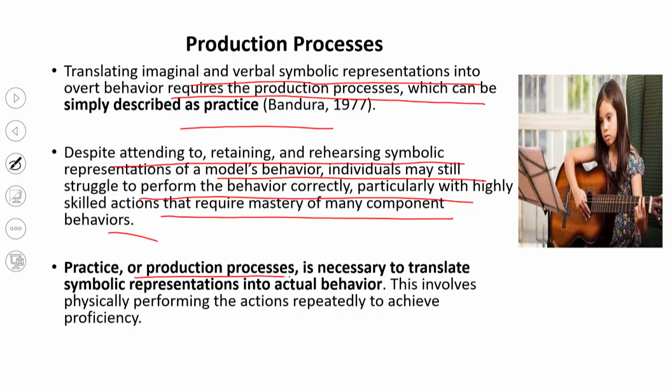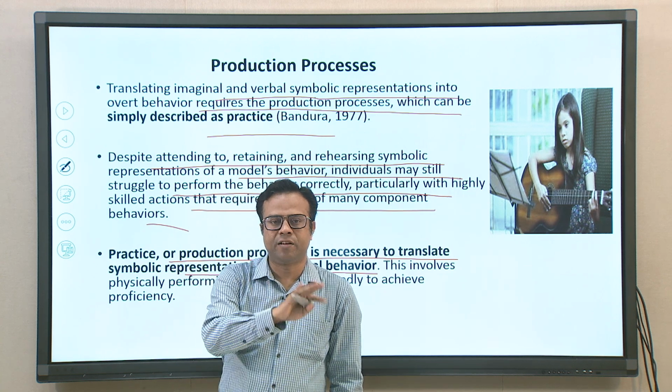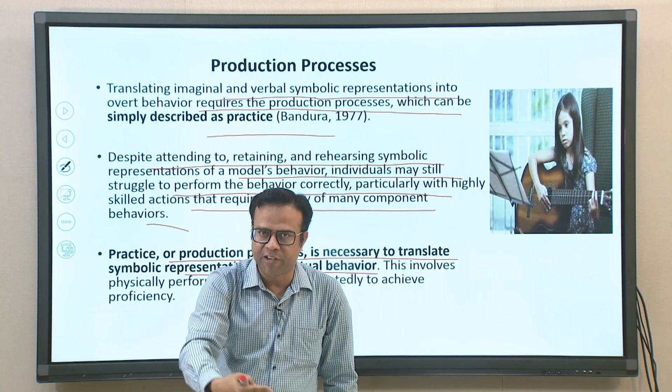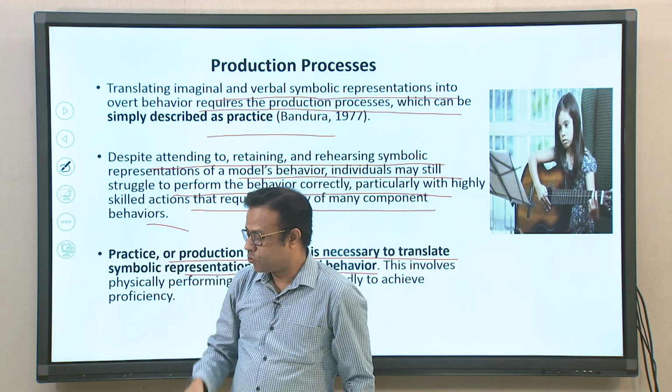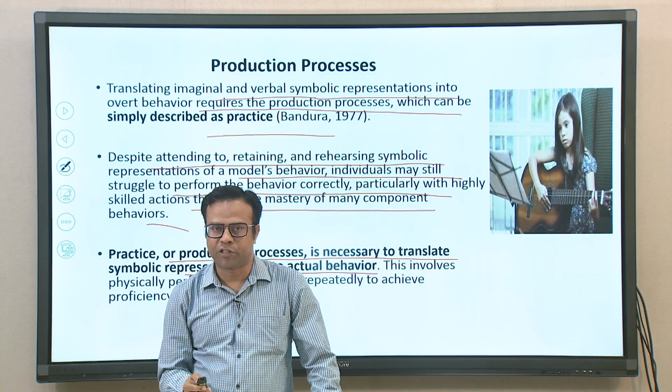The practice or production process is necessary to translate symbolic representation into actual behavior. You have to practice it, then only you will be able to produce it. This involves physically performing the actions, while other processes are all mental. This phase is physically performing the action, whatever you have learned. So, the production process may require practice of the action that you learned.